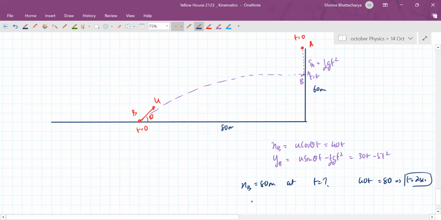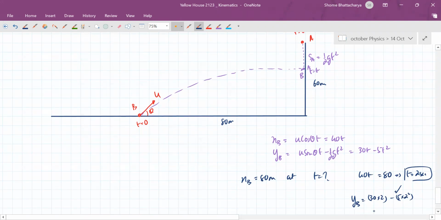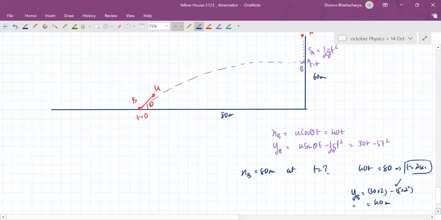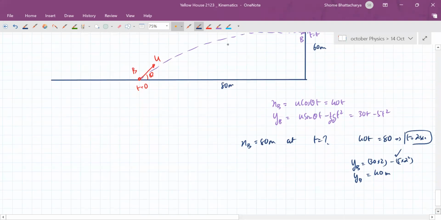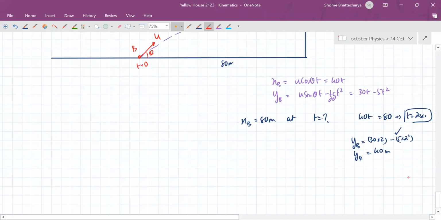Now at that particular time, yB will become 30 into 2, 60, minus 5 into 4, 20, so that is 40 meters. And at that same point of time, what is A's downward displacement going to be? Half into 10 into 4, so it's 20 meters.